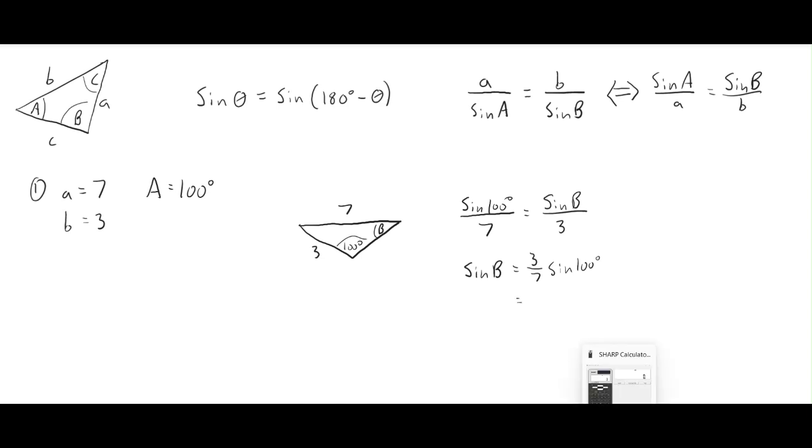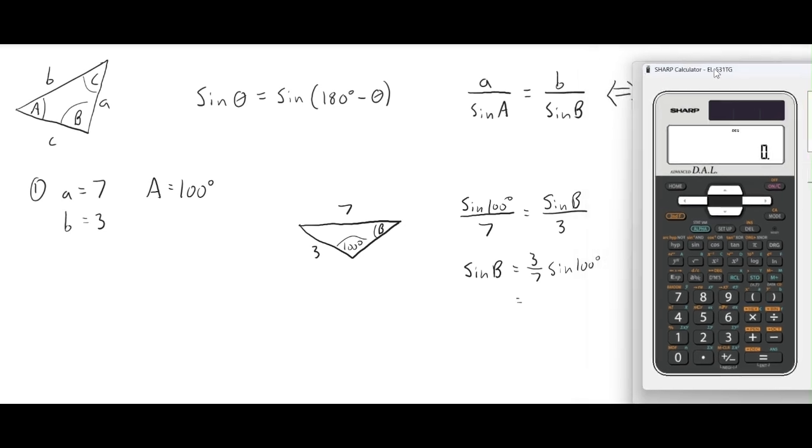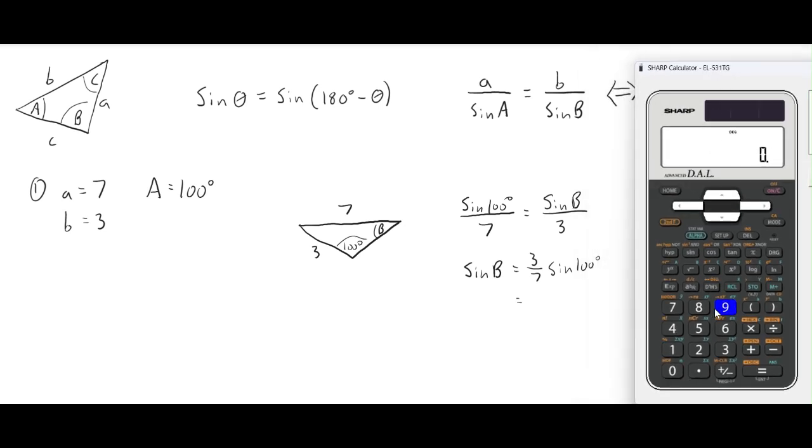Let's figure out what we get here. 3 divided by 7 times sine 100. So my sine B can be 0.42206.